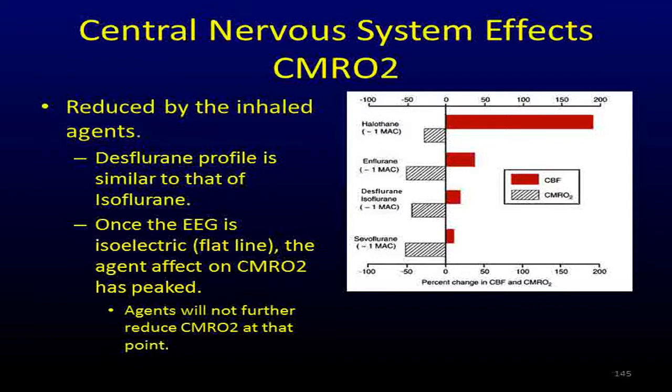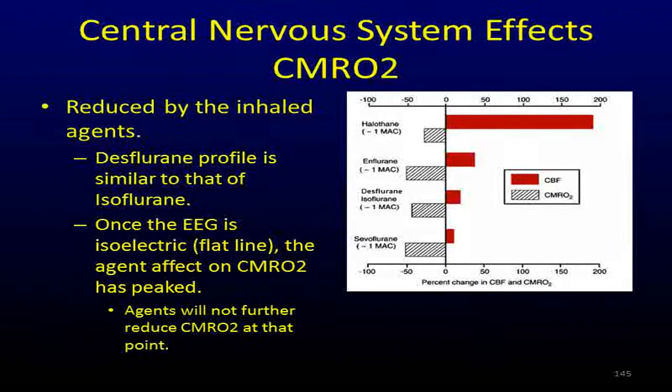Now, we said that these agents will decrease CMRO2, but the blood flow is a little uncoupled from that. When you hear the term uncoupled, I'm using these terms for a reason, because that's the way it's referred to in the book. That means that the blood flow is opposite. So, for example, desflurane will decrease CMRO2 by 50%, but increase cerebral blood flow by roughly 20 to 25%.